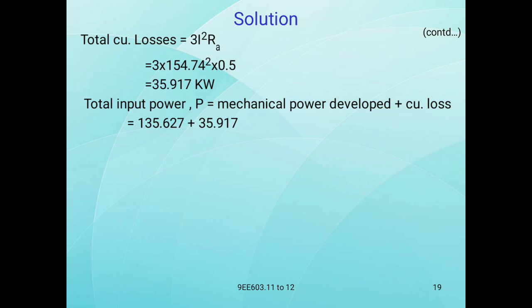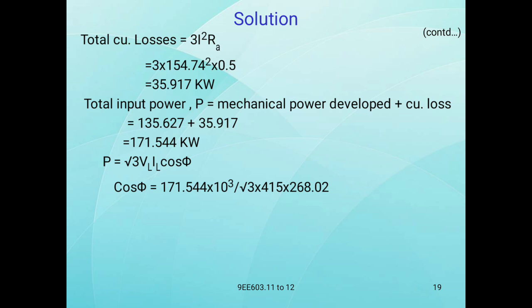So total input power P is equal to mechanical power developed plus copper losses. Now 135.627 plus 35.917 gives 171.544 kilowatts. That is the total input power. Now the power is equal to root 3 VL IL cos phi, so cos phi is power by root 3 VL IL.